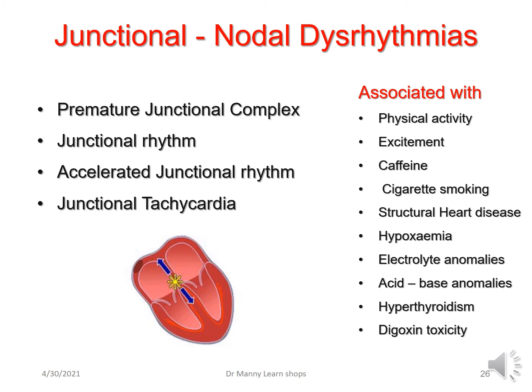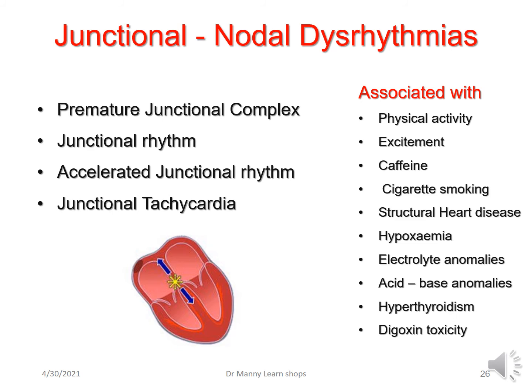So when we look at junctional or nodal dysrhythmias, we'll be looking at premature junctional complexes, junctional rhythms, accelerated junctional rhythms, and junctional tachycardia. Premature junctional complexes can be associated normally with physical activity, excitement, caffeine, cigarette smoking.